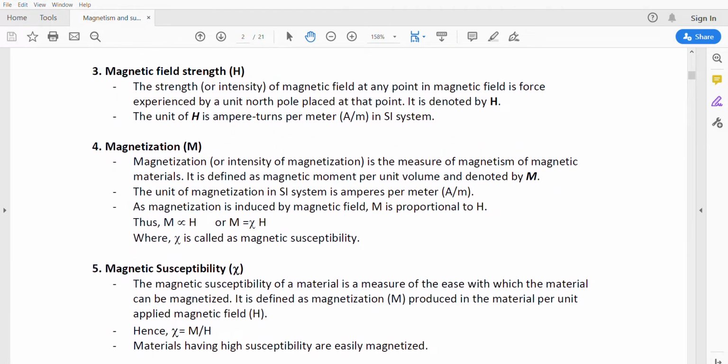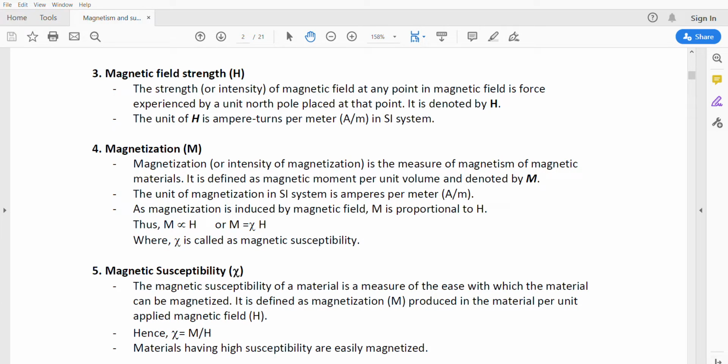And next, magnetic field strength H. So this is the strength of the particular magnet. It is the magnetic field force experienced by a unit north pole placed at that point. So we can say it is the intensity of the magnetic field per unit volume or per unit space, that is, the intensity of the magnetic field at any point in the magnetic field.